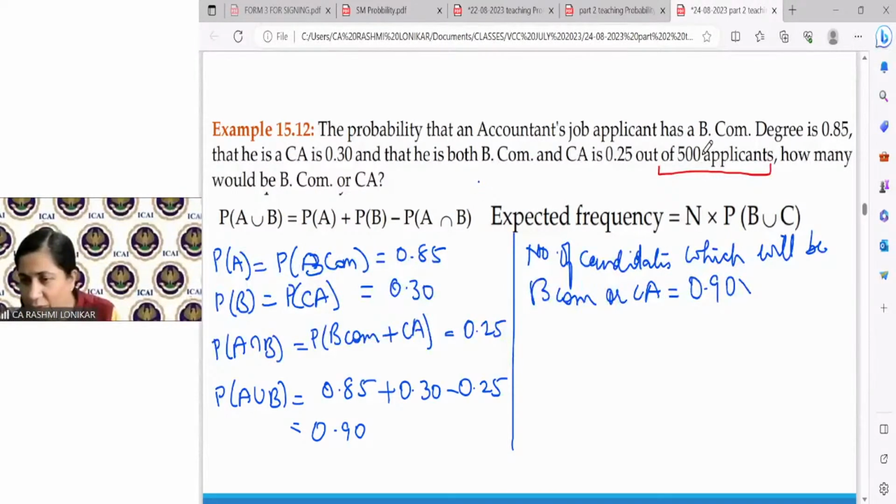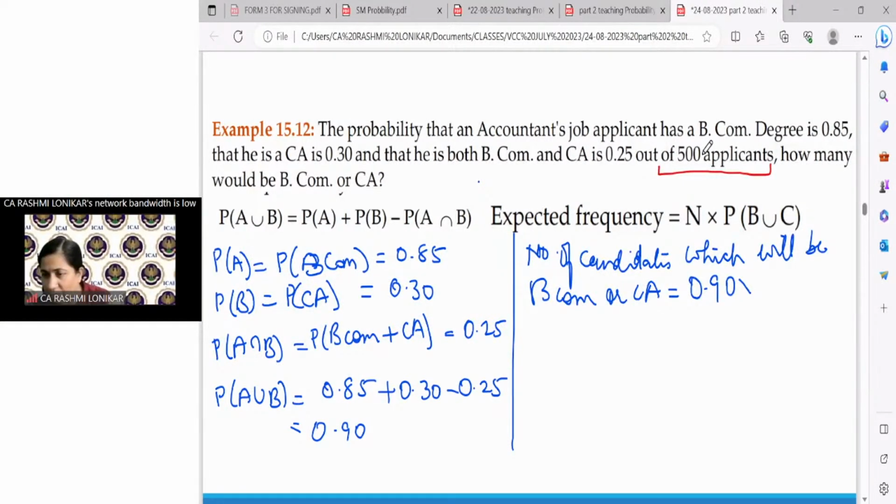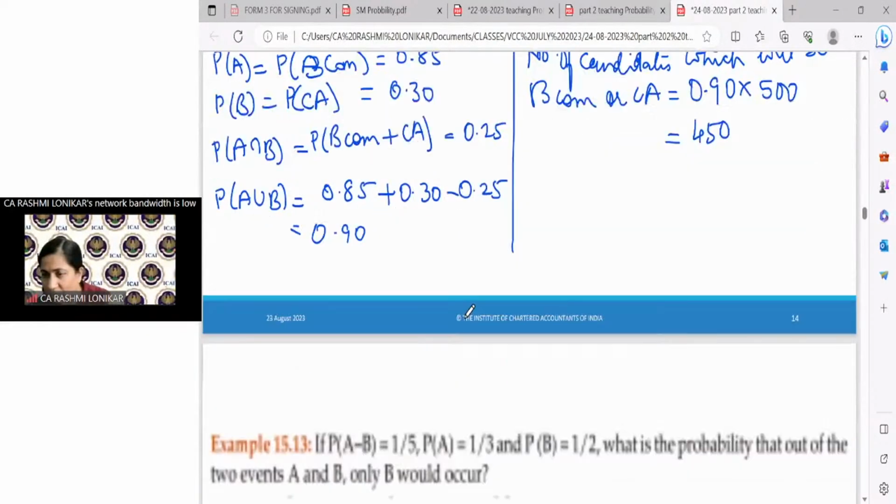N is 500, so it is equal to 450. So out of 500 people who have come in for the interview, 450 are either BCom or CA. So that means there are 50 candidates who are neither BCom nor CA. That also can be the case where you have done your ICWA or you have done your CS, CMA. So that is also possible.